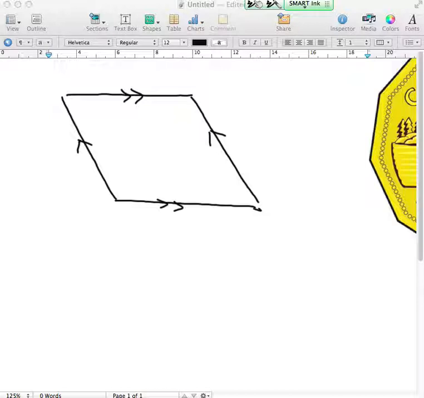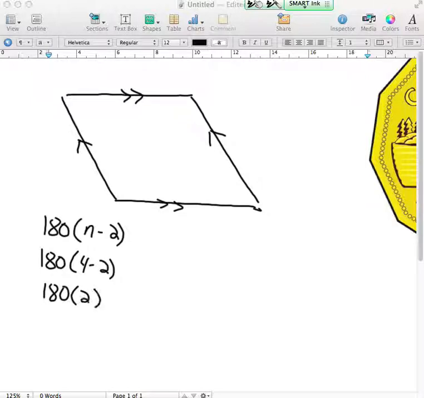So we know that inside they all have to be 360 degrees, because using our rule of 180 times n minus 2, there's 4 sides, 180 times 4 minus 2, 180 times 2 gives us 360. Okay, so this is how I know what the angles are on the inside of this system.